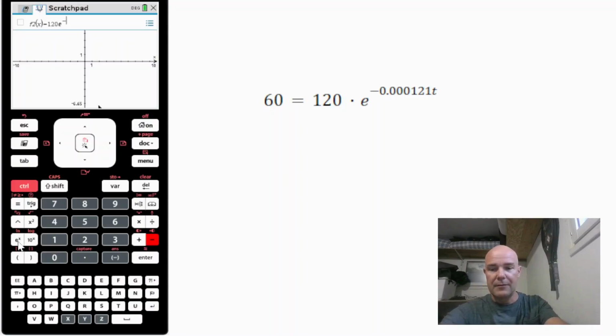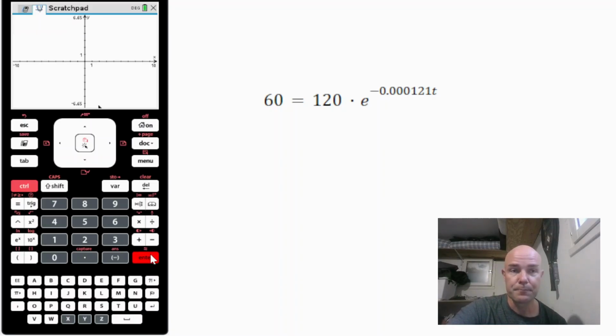And then we have minus 0.000121 times x. So we have to use x instead of t. We press enter. And this is typically what happens. We see nothing. We don't see either one of those functions, and we have to start looking for them.